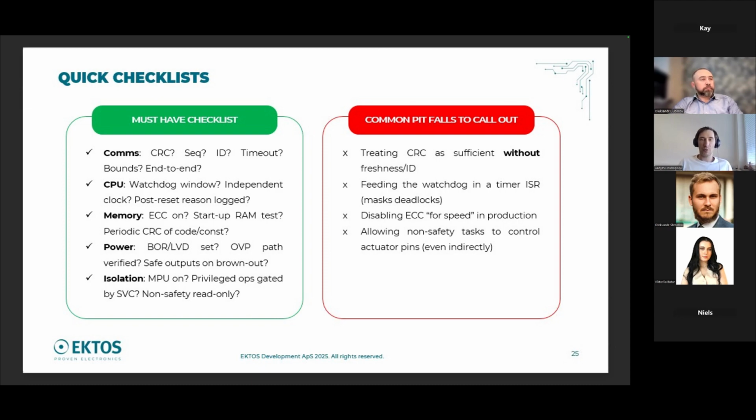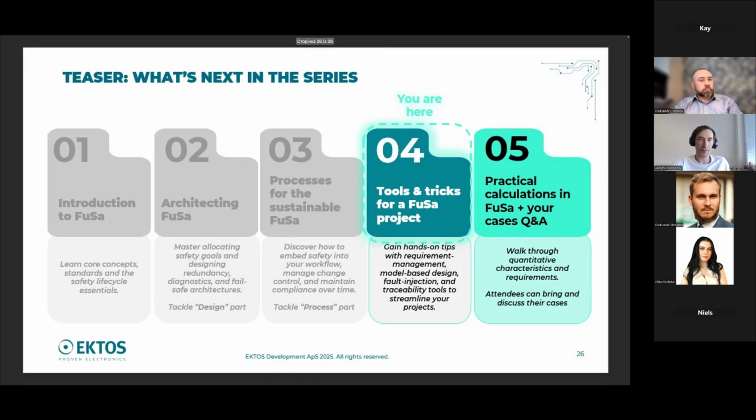And of course, if you allow direct or even sometimes indirect access to safety related peripheral like pins or whatever, most likely you will fail your certification process. Yeah, I think this is it.